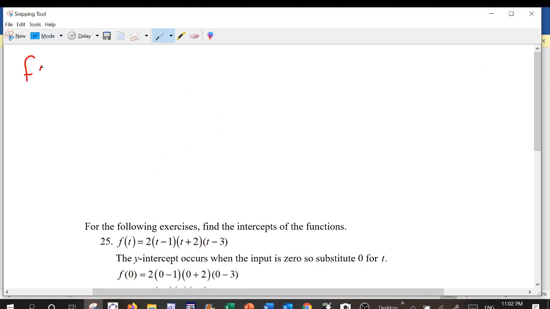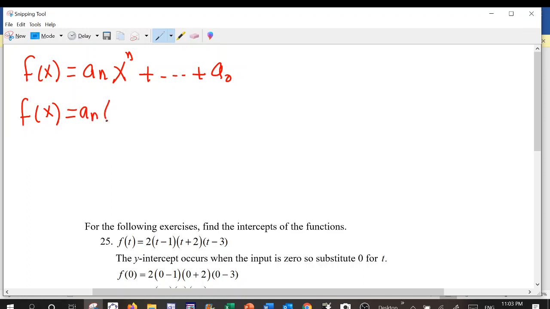We said that a polynomial looks like this: a sub n x to the n plus dot dot dot plus a sub 0, right? Now, it is proven in mathematics that any polynomial can be factored into something like this. If it's nth degree, it will have n of these factors. I'm not going to write all of them, of course.